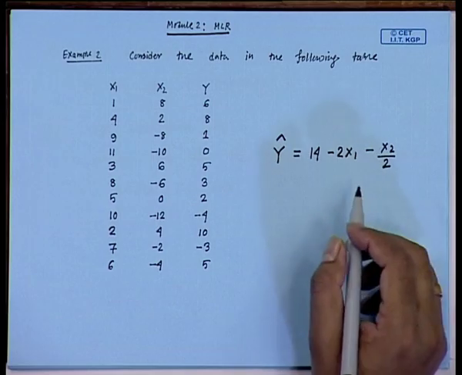Now, once we have the fitted model, we check the significance of the fitted model by using the global test. That means we test the hypothesis that beta 1 equal to beta 2 equal to 0 against the alternative hypothesis that H naught is not true.